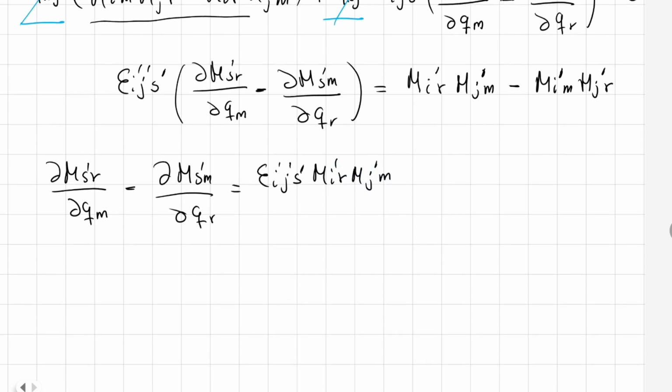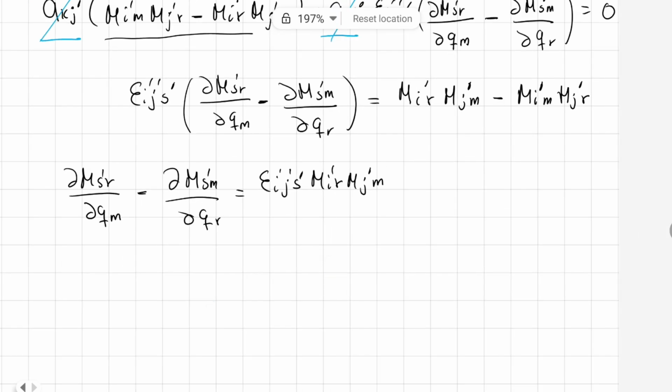Okay, we are going to show from this expression that we can get this equation that we have here above, and that will allow us to use this expression instead of this equation that we have here.